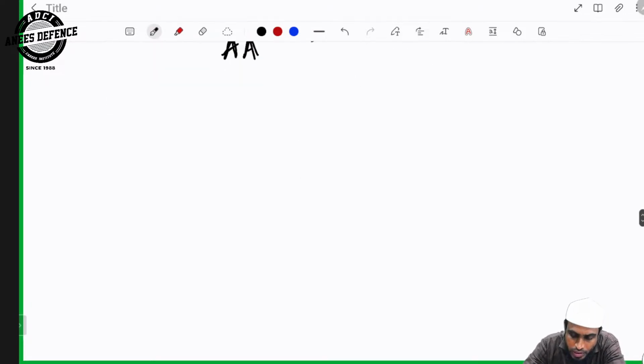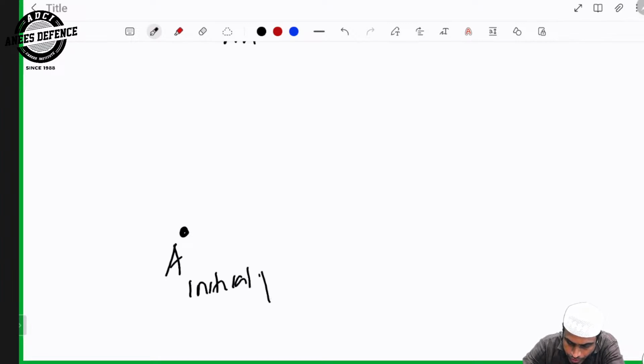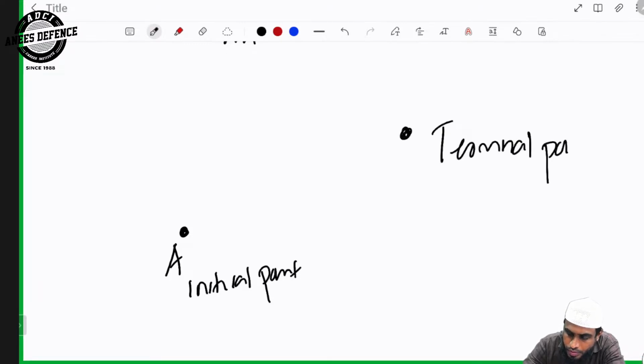Normally for a vector, there will be 2 points. This is the starting point, for example this is A. We can call it the initial point. The other one is the terminal or ending point.